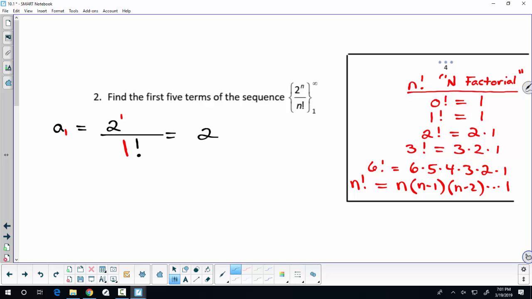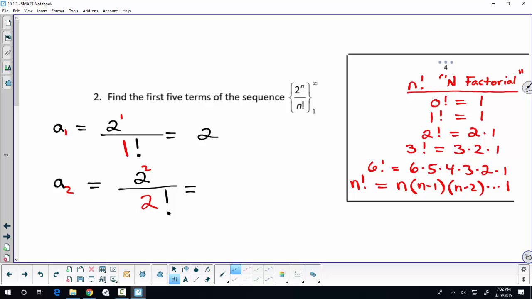That's just 2 over 1. First term. Second term, a sub 2, is 2 squared over 2 factorial.